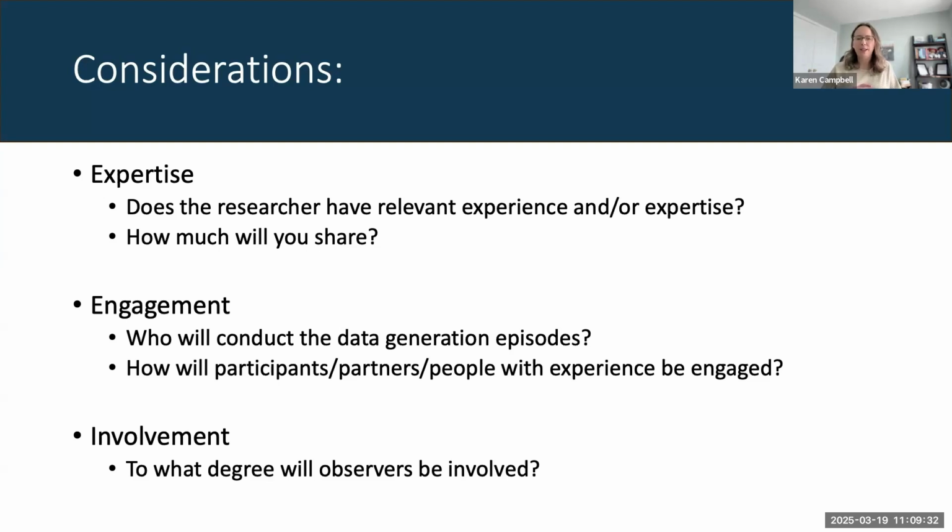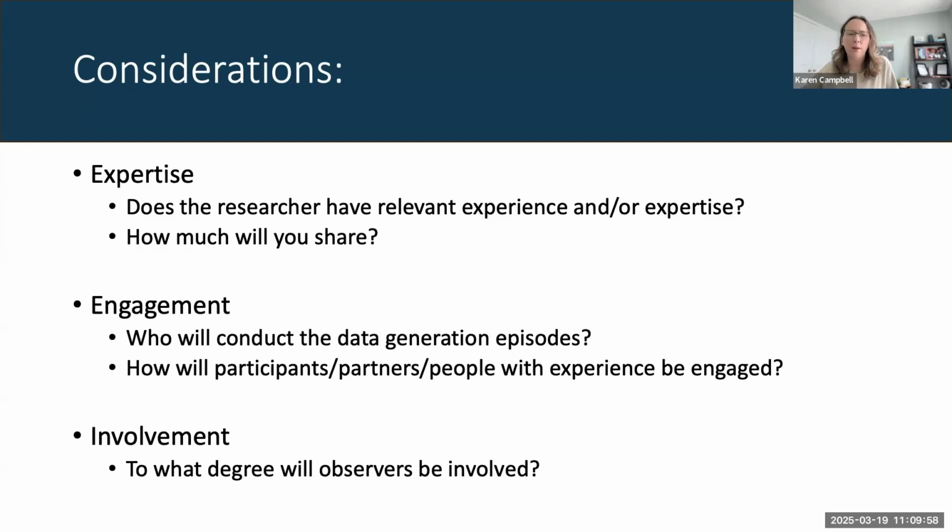And it's important to consider, if that is who you are and that is who is doing the research, how much of that is going to be shared with the participants, because that may help and it may not. So to, again, be really mindful and conducting or practicing reflexivity will help to identify what that will look like.